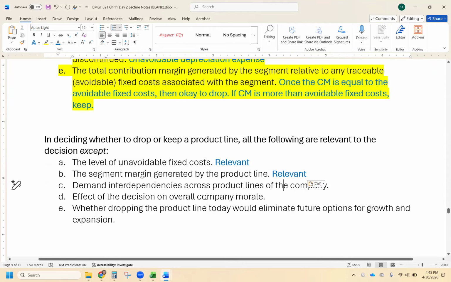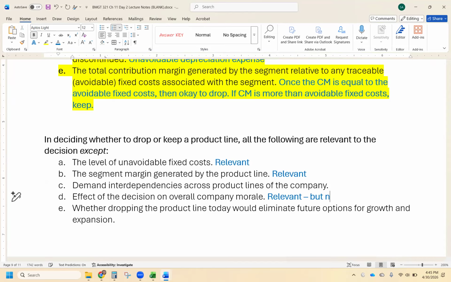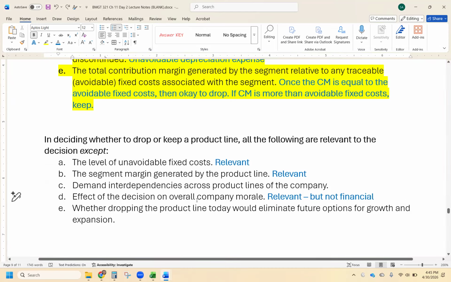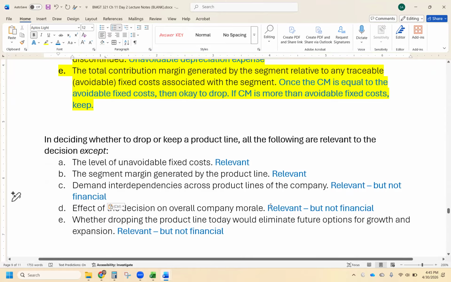D, effect of the decision on overall company morale, relevant but not financial. And last, E, whether dropping the product line today would eliminate future options for growth and expansion, relevant but not financial. Okay, so let's go back to C. Demand interdependencies across product lines of the company. Again, relevant but not financial.